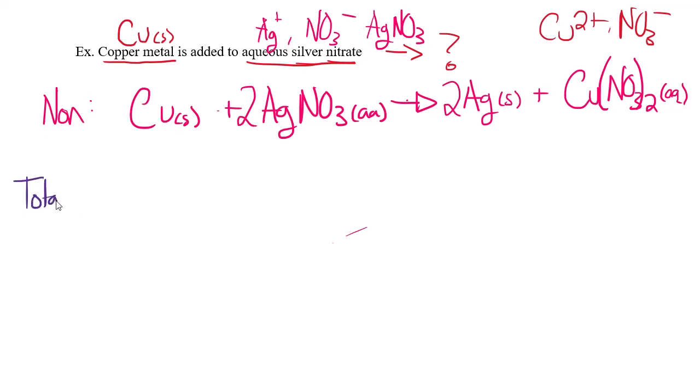Now for the total, let's separate my ionic compounds that are high solubility. Remember, anything that is in its elemental state appears in just the same way. For some reason, when people are learning this, as they bring this copper down here, they like to give it a charge. They say, oh, I've been making things into ions, so I should give this guy a 2+ charge. It does not have a charge because this copper is in its elemental state.